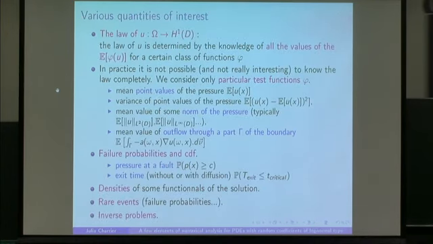So, in order to finish describing my problem from the application, I would like to insist on the quantity of interest, that's to say, what do you want to compute actually?